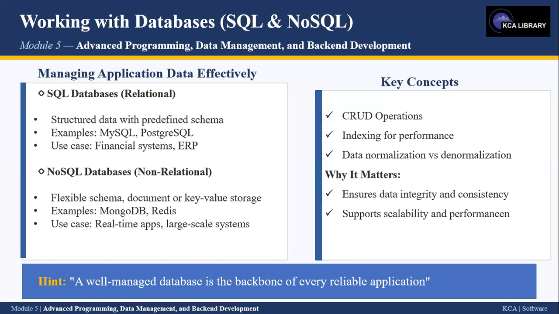While NoSQL is non-relational, for example MongoDB and Redis, they have flexible schema, document or key-value storage. They are best for real-time apps, large-scale systems, rapidly changing data. A well-managed database is the backbone of every reliable application.